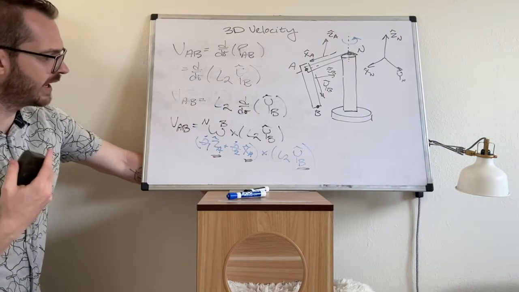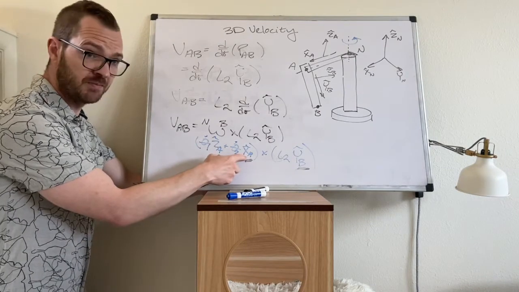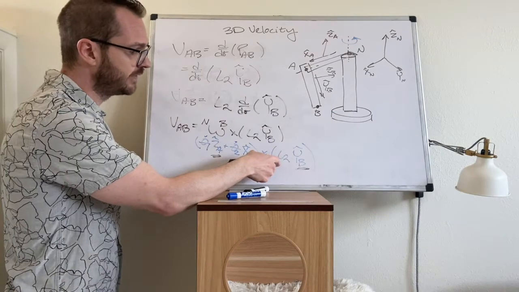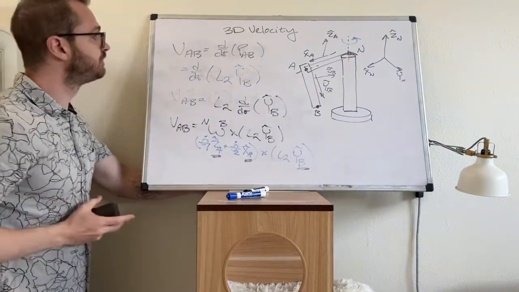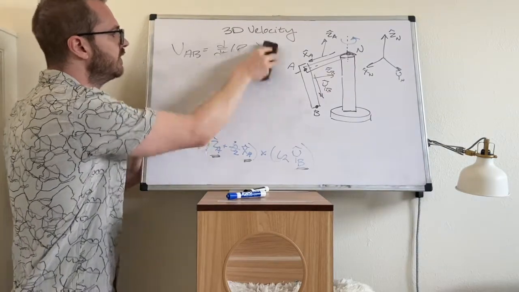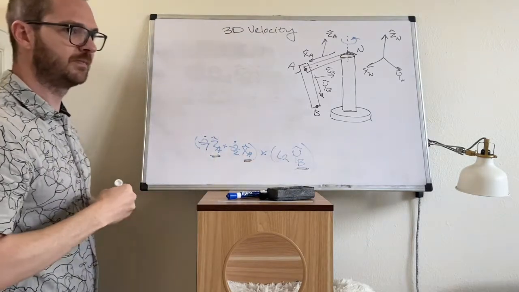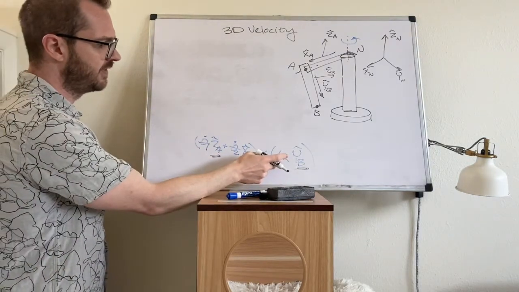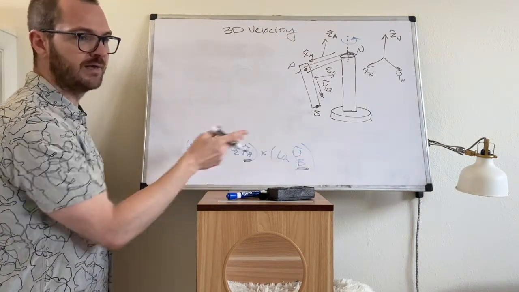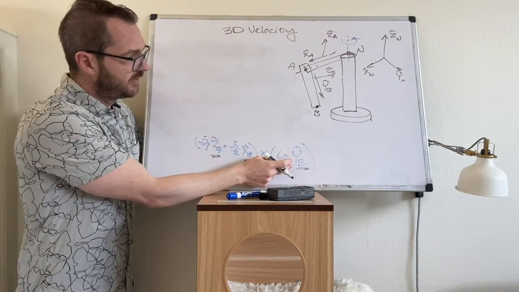What that means is we have to either take the angular velocity and go from A frame on both of these quantities into the B frame, or we need to take this position vector and go from the B frame into the A frame. Either way will work, and if you do it carefully and correctly, either way will give you the correct answer. So let's take this second piece and put the position vector in the A frame. We can do that quickly because we've already defined the rotations.